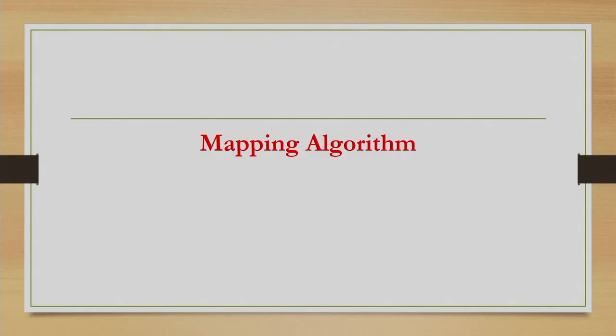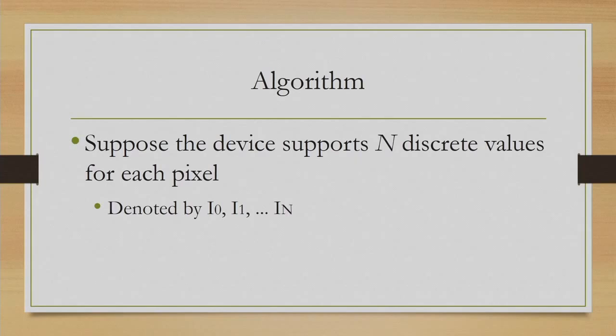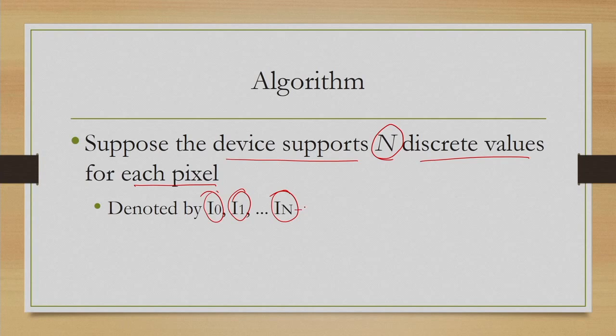So, based on this reasoning, we can come up with a mapping algorithm, a step by step process to map a computed intensity to one of the device supported intensities. Let us assume that the device supports n discrete values for each pixel, and let us denote these values by I0, I1 up to In minus 1.